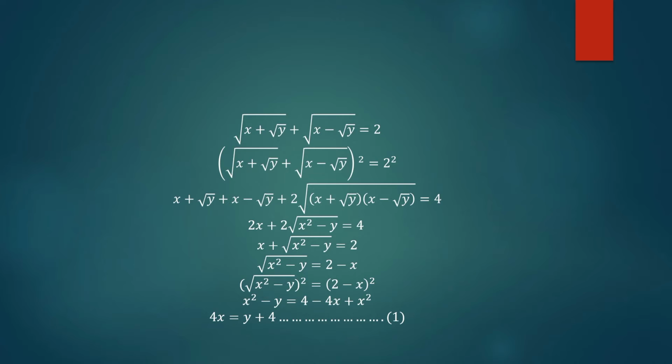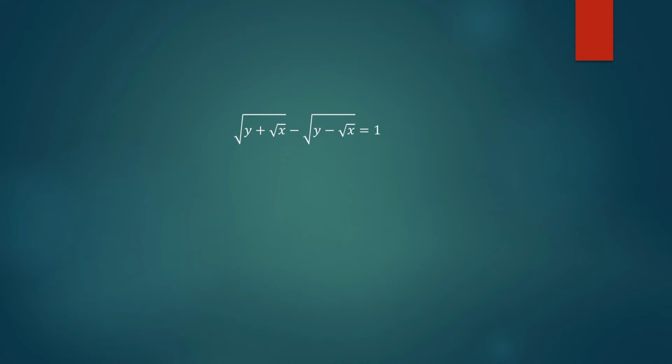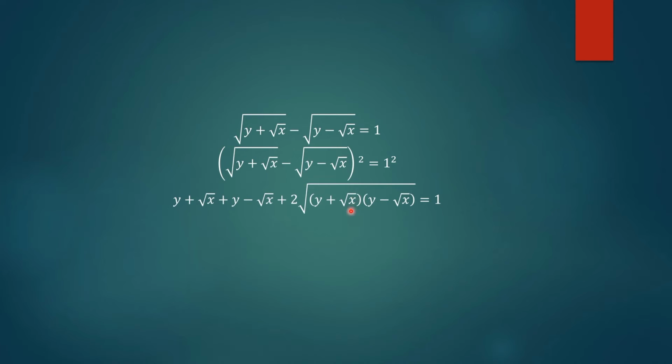Alright, so we do the same for the second equation. We go through the same process that we did for the first one. We do the same here with the square root. Applying the binomial expansion, we have this as well, and simplifying it further, you will also realize that this is also a difference of two squares.